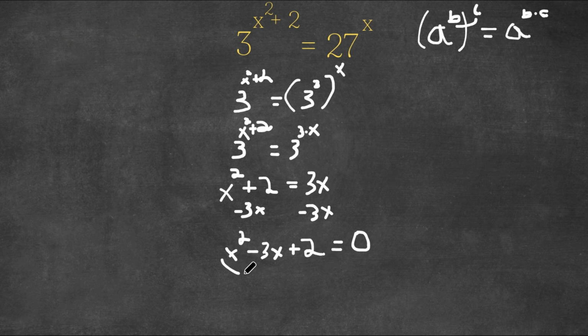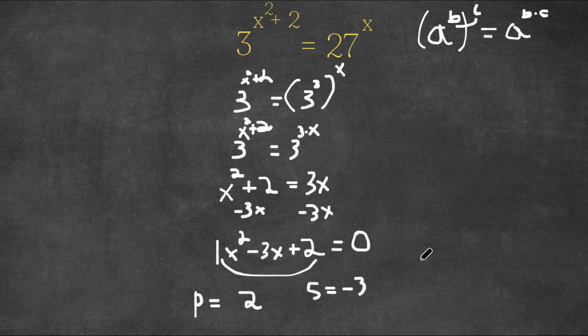So we multiply a and c, and we have b here. a is 1, so 1 times c is 2. So our product, p, is 2, and our sum is -3. So we have to figure out what two numbers multiply to get 2 and add up to get -3.